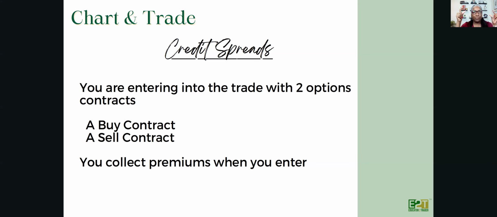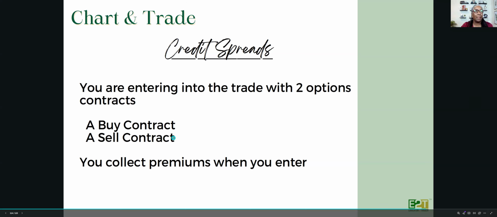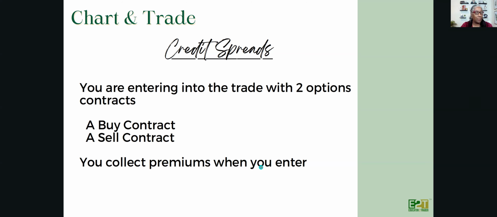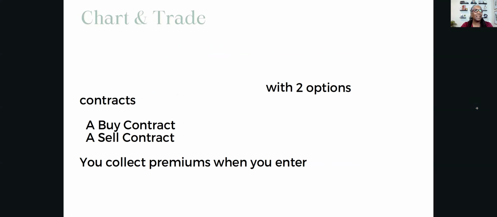You're only doing the one thing. But now when we do spreads, the spread is 2 contracts. You've got a buy contract and a sell contract, and you collect premiums when you enter these trades. Just like with covered calls and cash secure puts, you collect money when you enter as a seller.